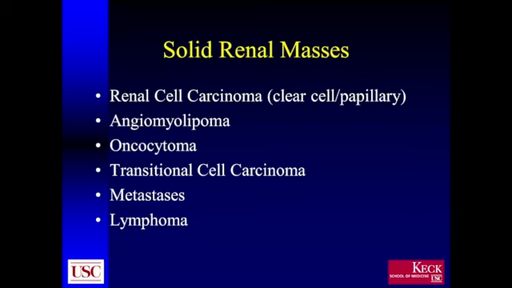Now, solid renal masses are another sort of, this would be the Bosniak 4, but there is a very different set of diagnostic possibilities when it comes to solid renal masses. I think the general approach to solid renal masses is that they are renal cell carcinomas until proven otherwise, unless they're brightly echogenic, in which case they may represent angiomyolipomas, and we'll talk a little bit more about that in a moment.